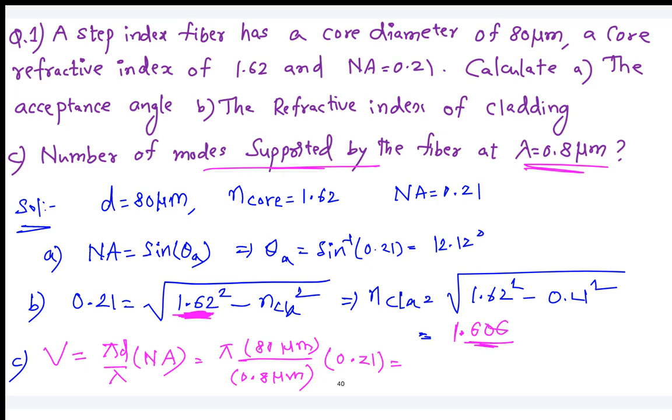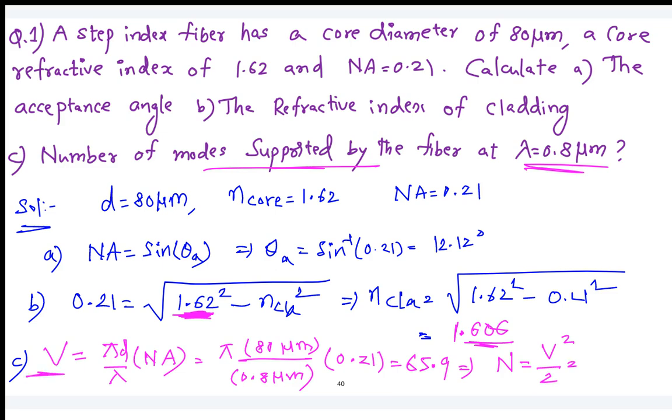Tell me what mode volume you got? 65.9. Good, 65.9. And by using that, what is the number of modes? The mode volume squared divided by 2. So the mode volume you already got.